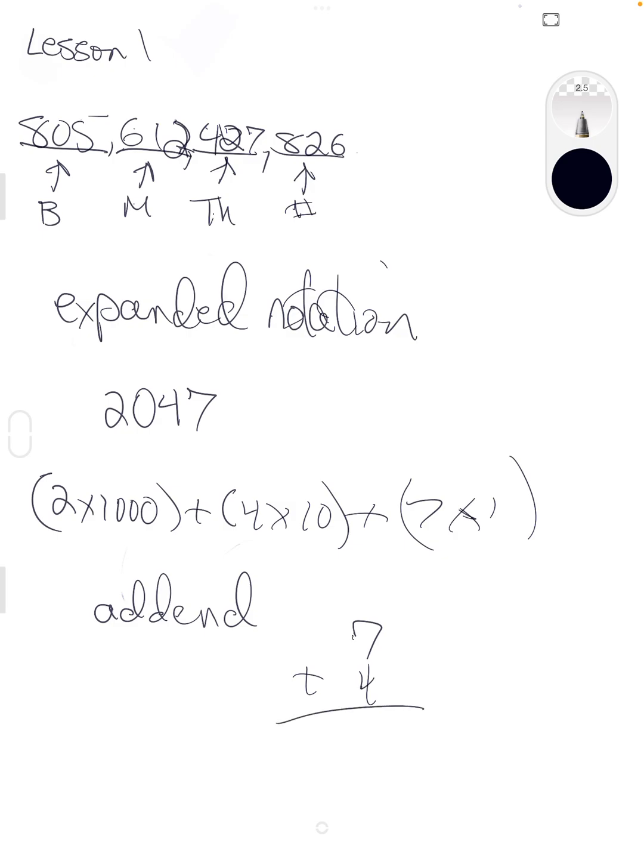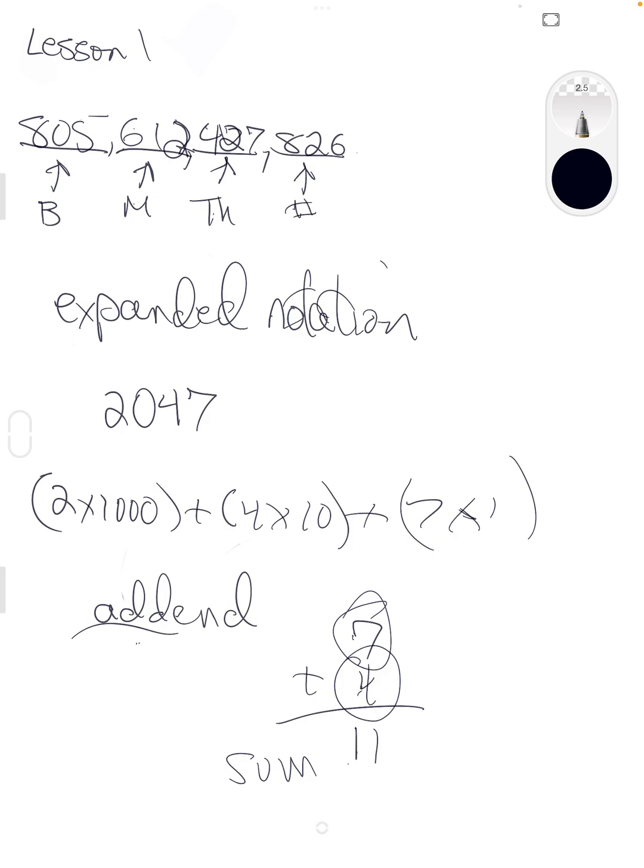Add this, that's where they get the word addends. And then the answer, or the sum, is when you're adding things, that's the sum. So the things you are adding are called addends. That's an addend. This is an addend. This is an addend. So that's really kind of a vocabulary thing that you need to know.